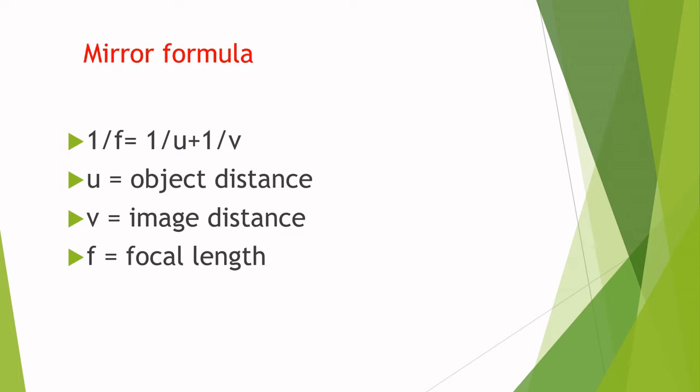Mirror formula: 1 by f is equal to 1 by u plus 1 by v. u is equal to object distance, v is equal to image distance, and f is equal to focal length of the mirror.